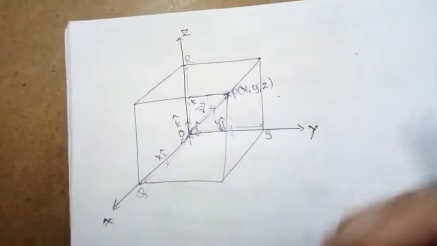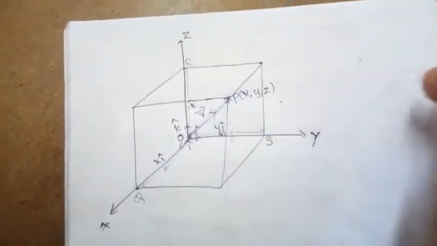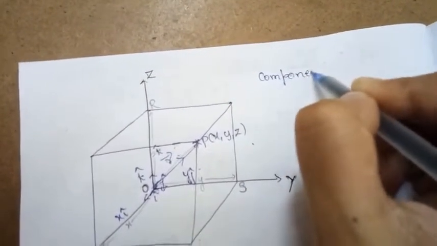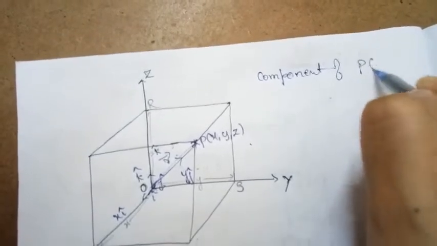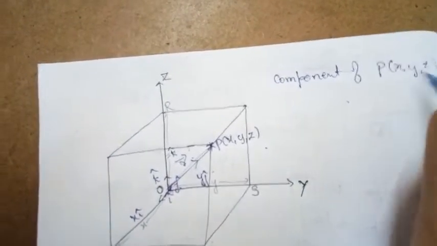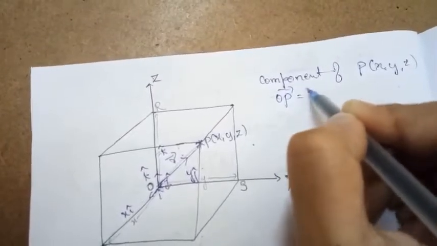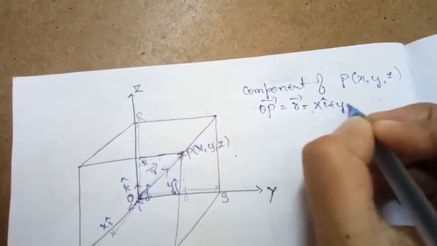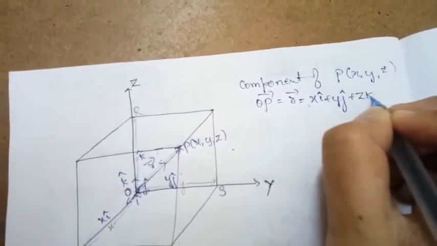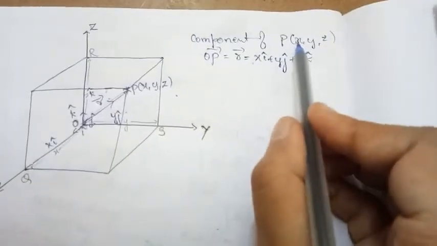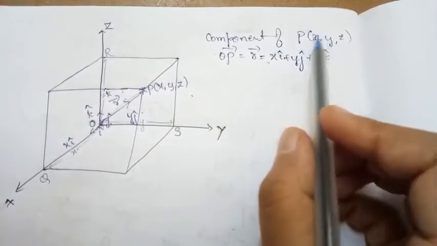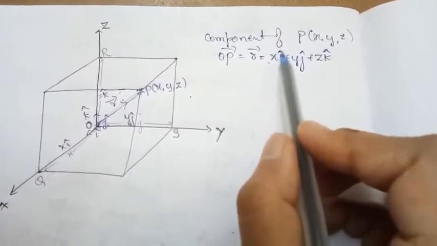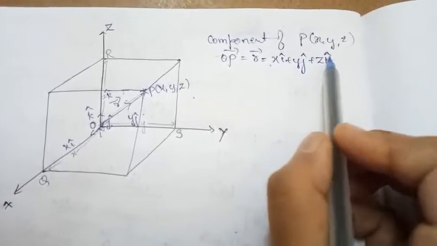Let P be any point in space such that P of x comma y comma z is a point and r is the vector. Then the component of this position vector OP, which is nothing but vector r, is x i cap plus y j cap plus z k cap. These are the coordinates of P, that is x, y, z: x along with i cap, y along with j cap, and z along with k cap.